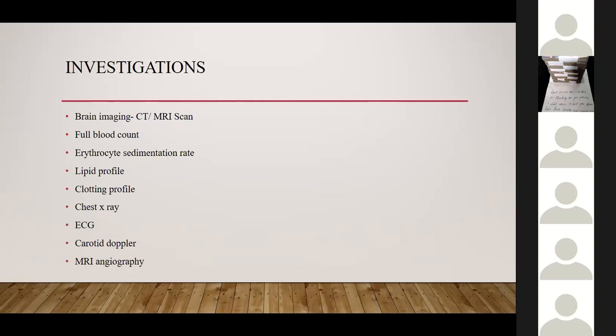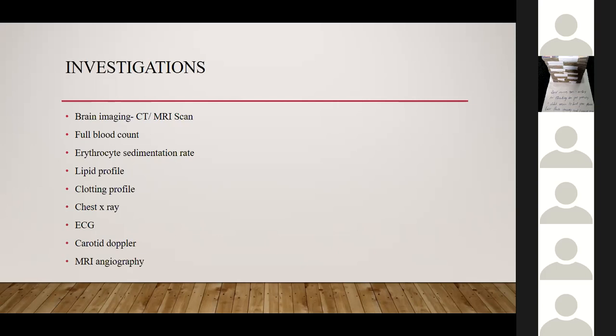If you have a hemorrhagic stroke, it will show you a hyperdense area. Okay, we'll see pictures in a bit. Of course, you need to do a full blood count, ESR, lipid profile, clotting profile, chest X-ray, ECG is very essential. You would want to know the cause of the stroke.